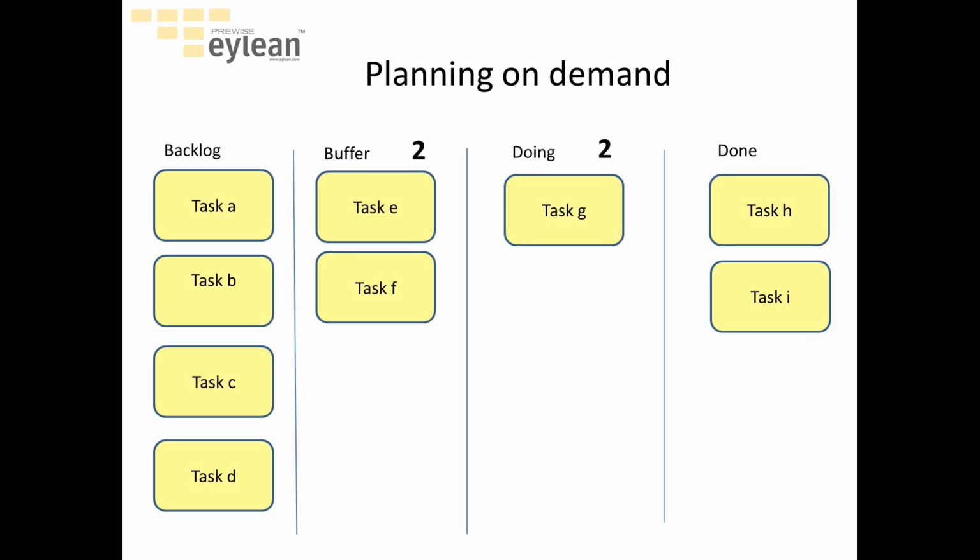So in this approach, there is another column called buffer. Buffer is the minimum amount of tasks needed to keep our employees occupied for at least 1 day or so, and this buffer will keep everybody occupied until planning is finished providing new backlog items.